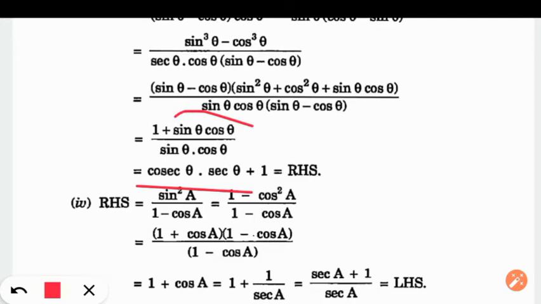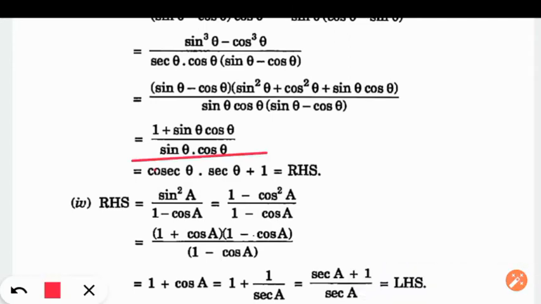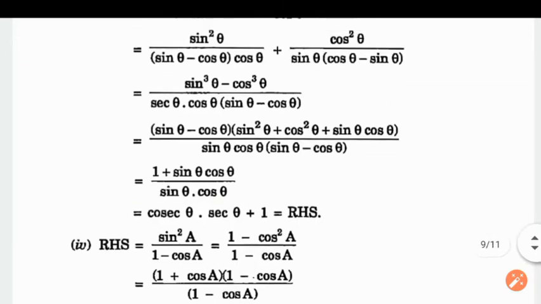And when sin theta cos theta becomes the denominator of sin theta cos theta, they will cancel each other and it will become 1. Simply, what I have done is separated the numerator. If we have an expression like a plus b divided by c, we can write it as a by c plus b by c. A similar thing has been done.